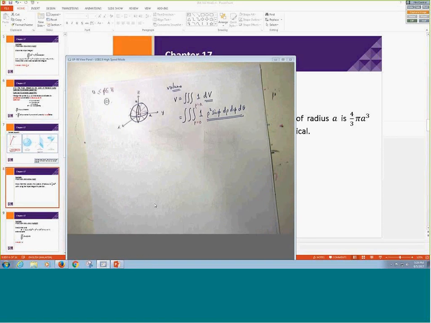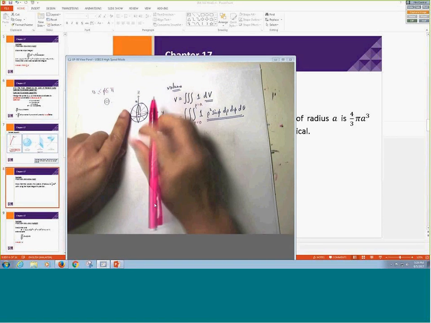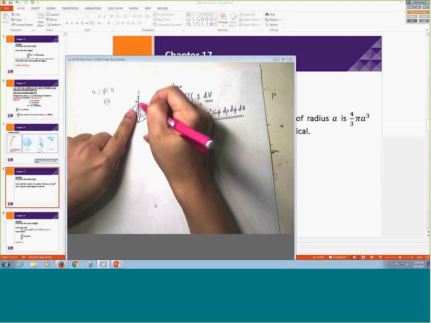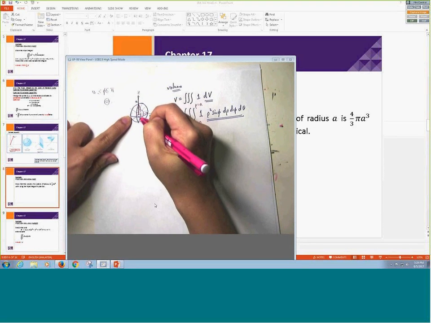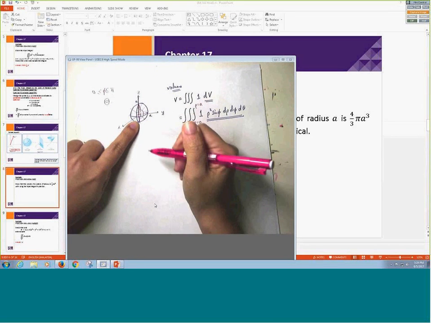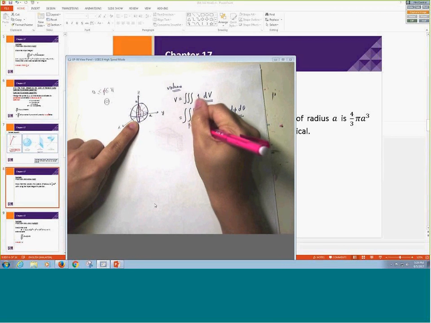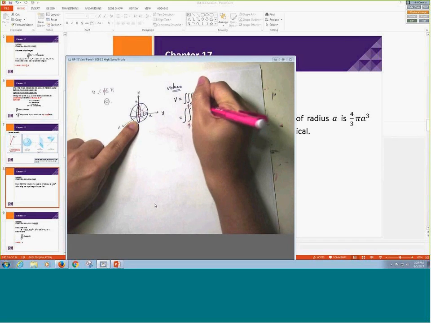When this is the z-axis, it covers until the end, the lower part. So phi is from 0 to pi.